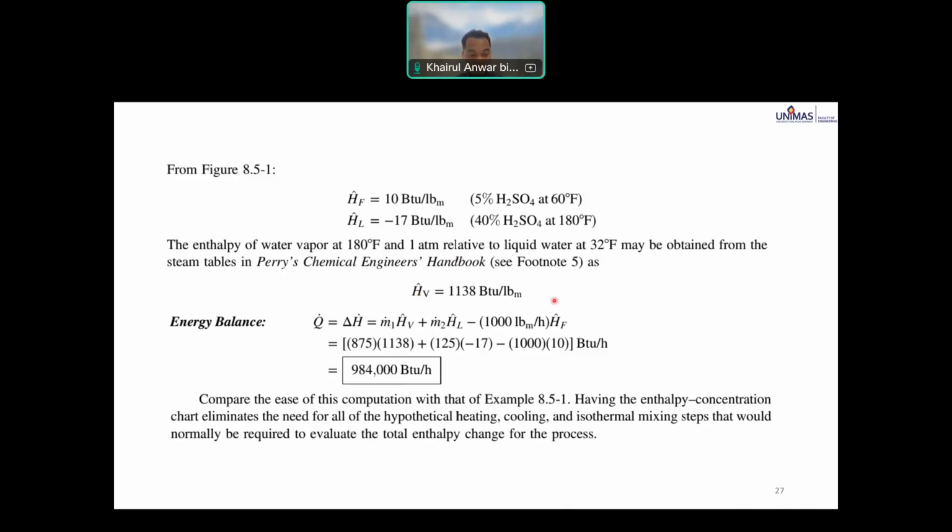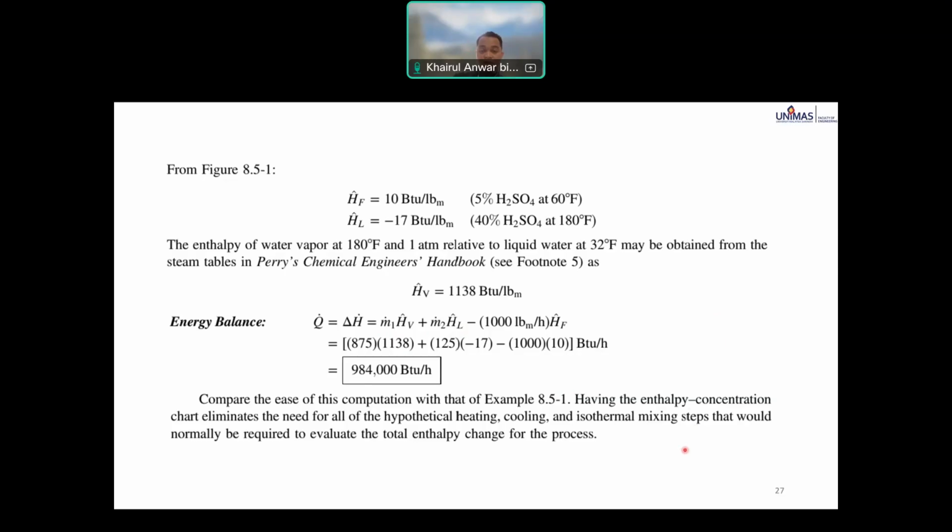Table B5 is for SI units, so all of it is using SI units. The energy balance: Q, the heat, is equal to delta H, the enthalpy, equal to M1HV plus M2HL minus 1,000 pound mole per hour of HF, which is equal to 984,000 BTU per hour.